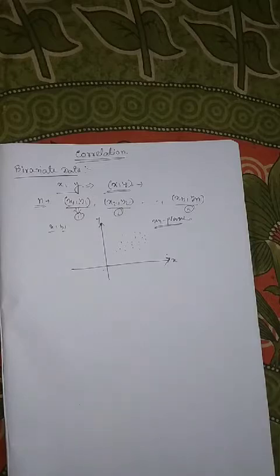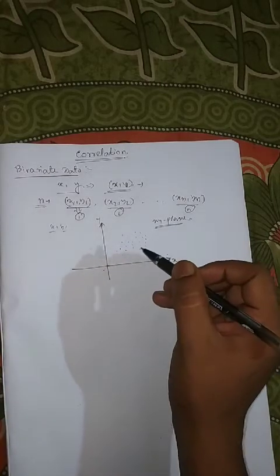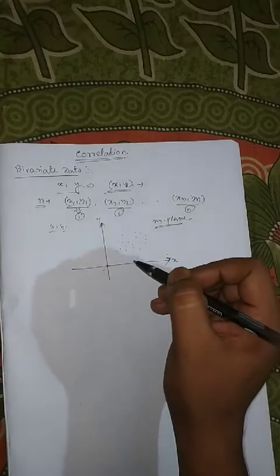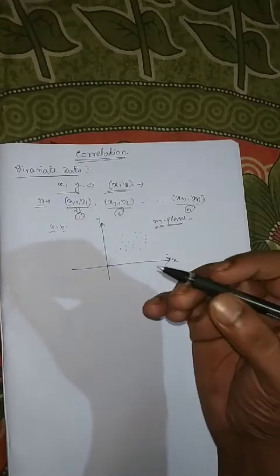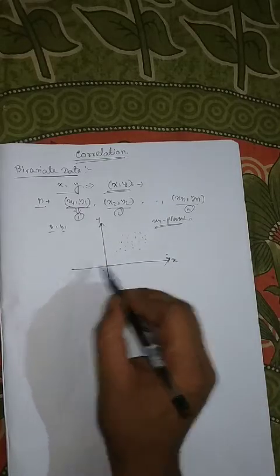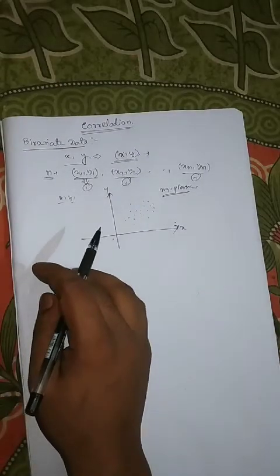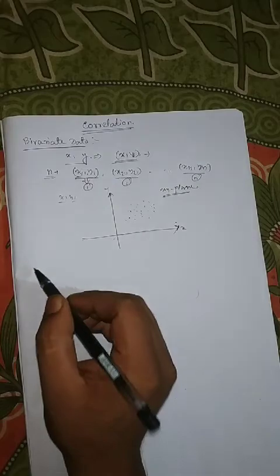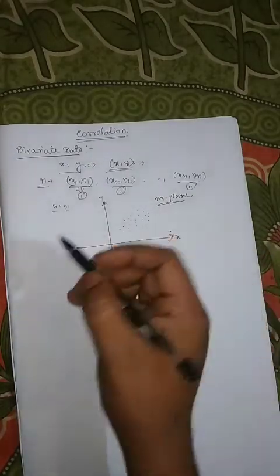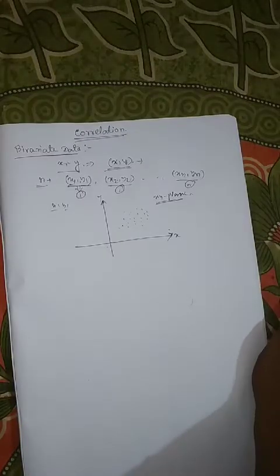So from the dot diagram we will see many types of curve or graph, and in this form we will find a new measurement of the given data. Whenever we collect two data x and y, we will find a relation between x and y, such as age and height.